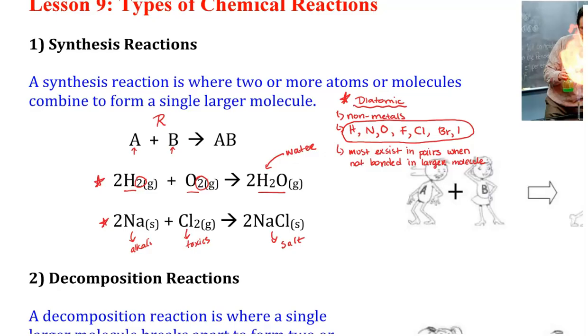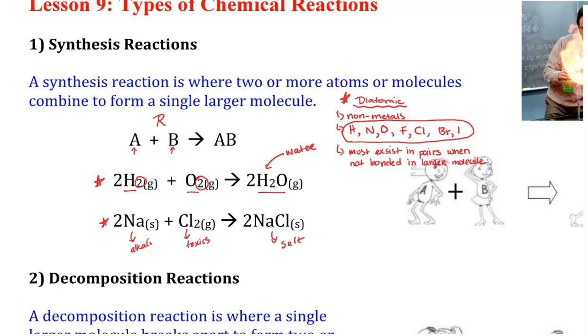Diatomics are certain elements, there are 7 in total, that are going to be nonmetals, and on their own, they are incredibly reactive. So they can't exist only on their own. They will seek out and find another one of them. For example, hydrogen can't exist as one singular hydrogen atom. It has to find another hydrogen atom to bond with in order to be relatively stable.